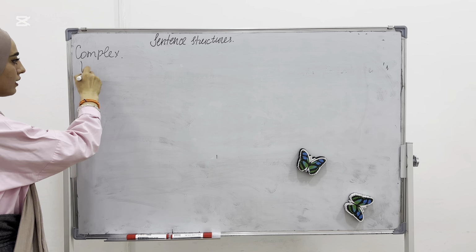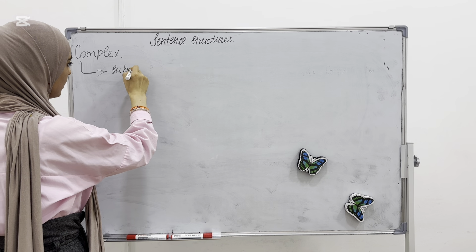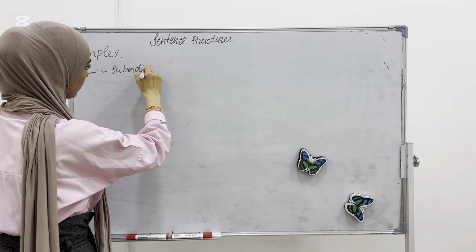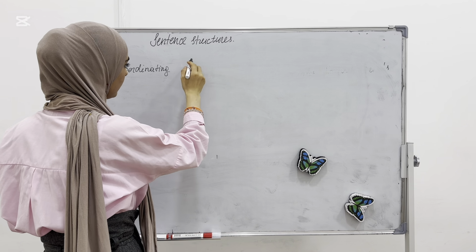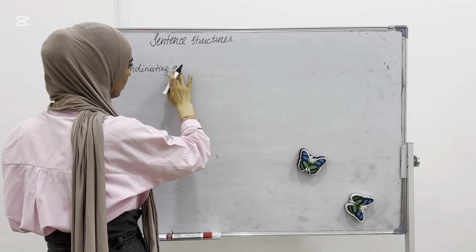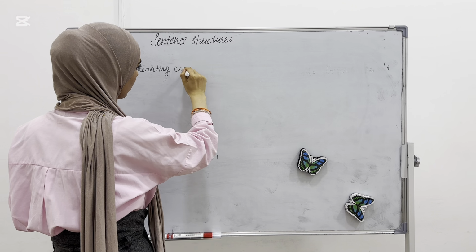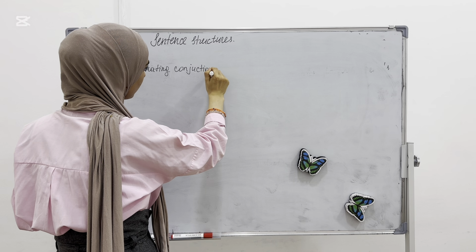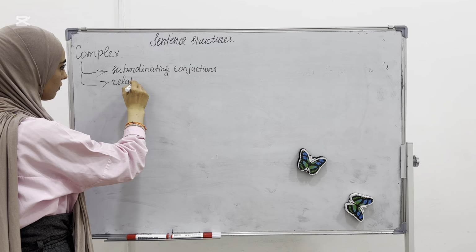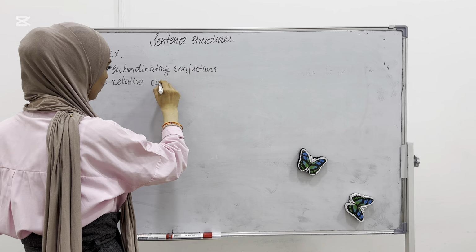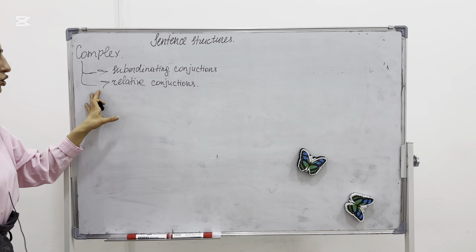In making complex sentence structures, we're going to have subordinating conjunctions and relative conjunctions.